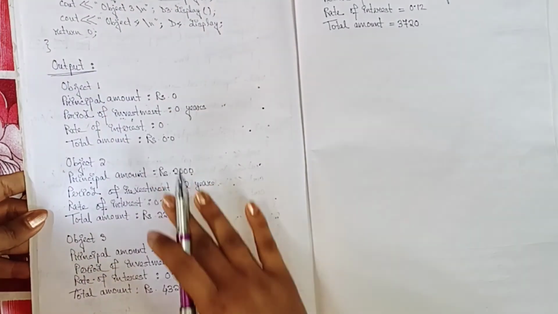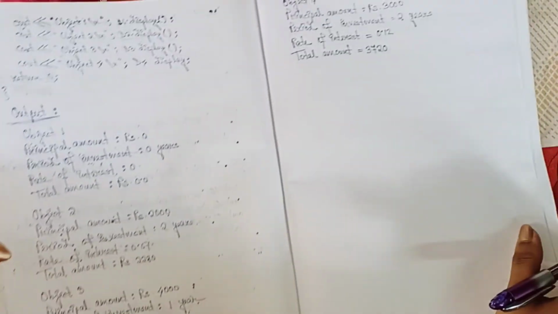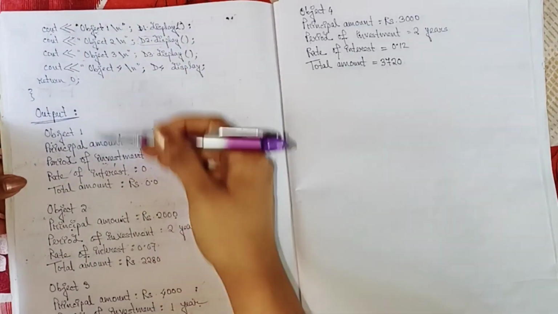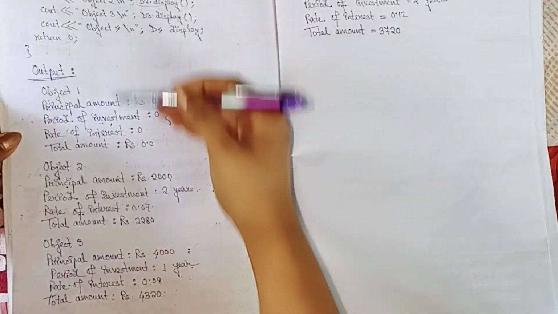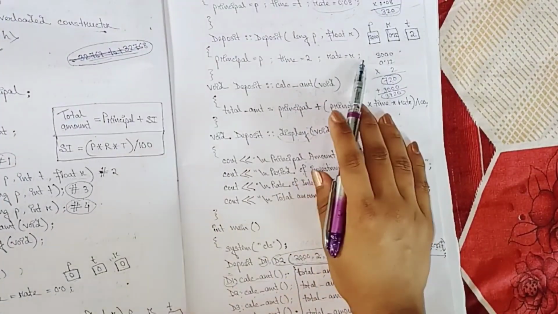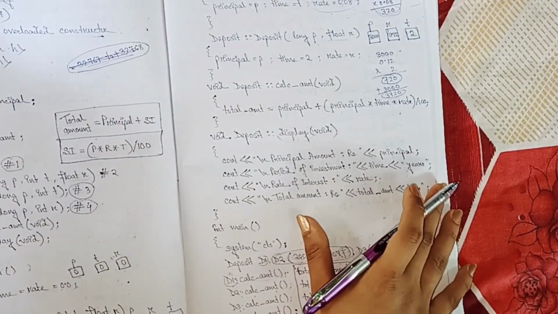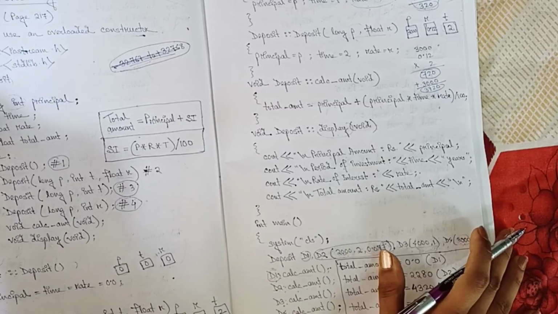So 4 objects are there because there are 4 types of constructor defined. So that's why we have taken 4 objects, and for these 4 objects what the output will come, this also I have shown. And this calculation part you can do by yourself. You can see what this calculation is giving us the output, and this is a very easy program.